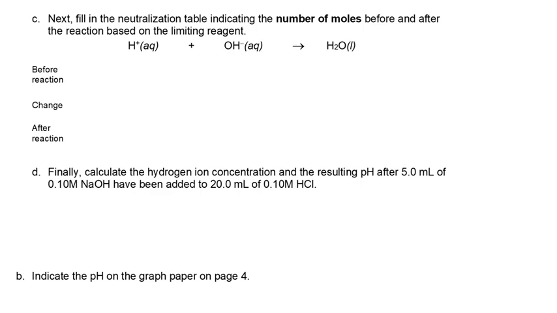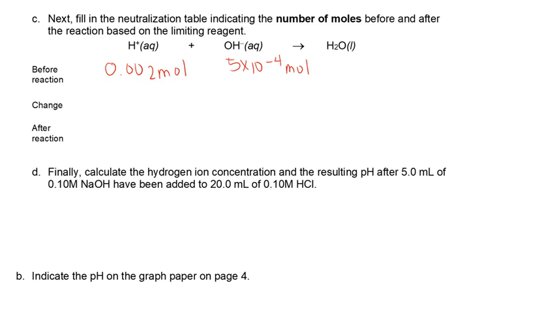So before the reaction, we originally had 0.002 moles of H plus, which we calculated in the previous slide. And we had 5 times 10 to the negative 4 moles of OH minus. We saw that the OH minus reacted completely.